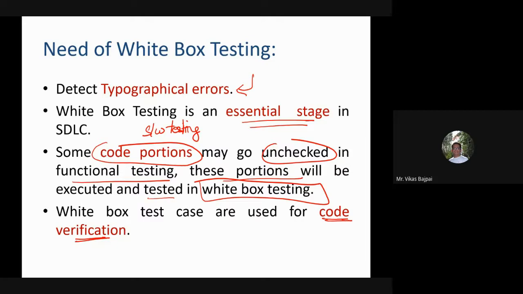Verifying whether the code is written is mine or not. Not exactly, up to some extent it's correct, but basically code verification is the backbone of any software testing or function correction.